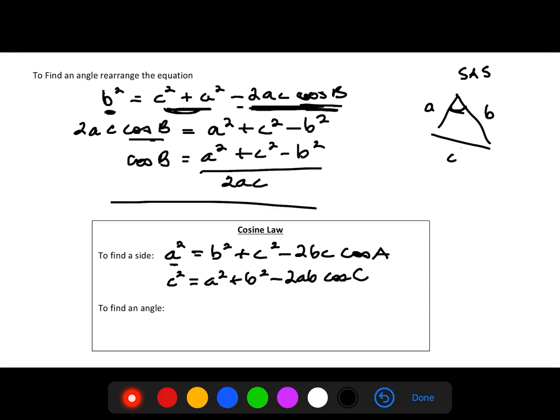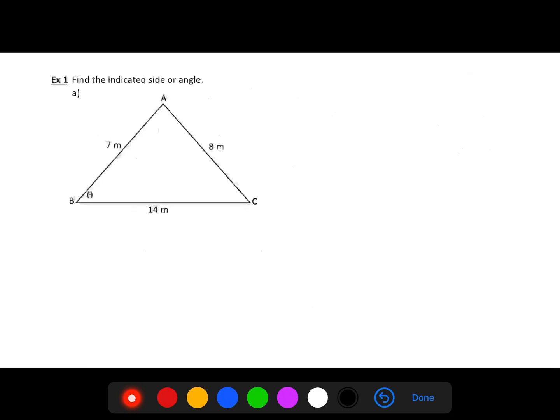Same thing, c squared would be equal to a squared plus b squared minus 2ab cos c. To find an angle, we could rearrange any of these formulas, but easiest, cos of a, other 2 sides squared and added, subtracting the square of the side that is with that angle over 2bc.